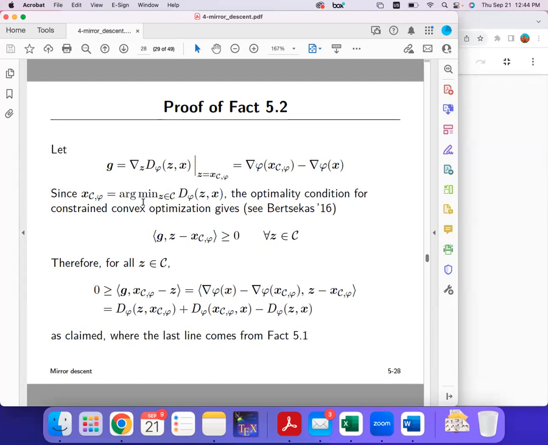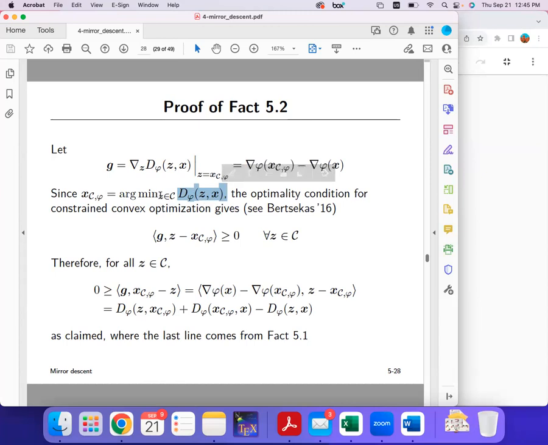This is a constrained convex optimization problem, because if we view this as an optimization over Z, first of all, this function is convex in Z because it's a Bregman divergence.